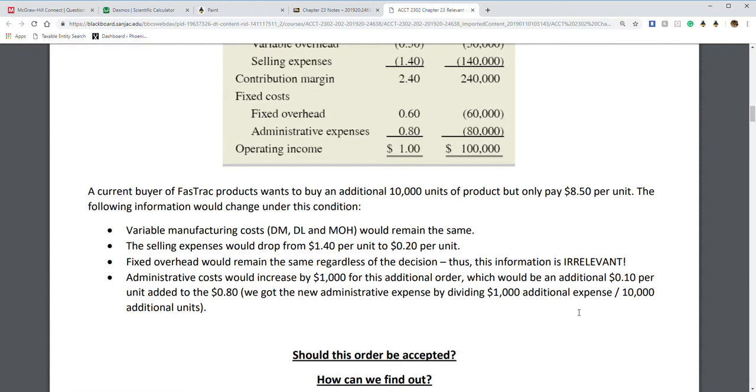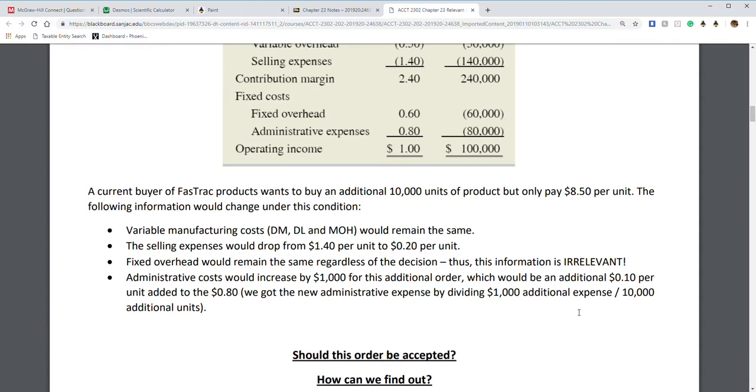Variable manufacturing costs, our big three, would remain the same. Again, usually variable cost on a per unit basis is basically the same price, but since we're looking at this under budget or estimate, they could change according to the scenario.